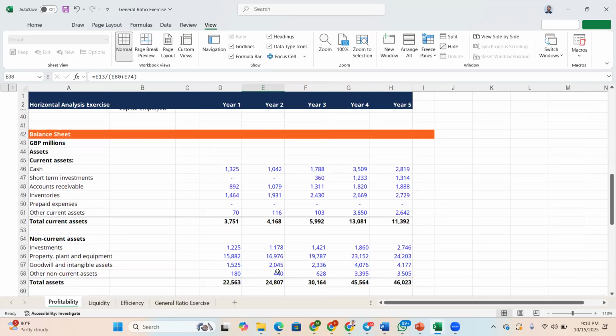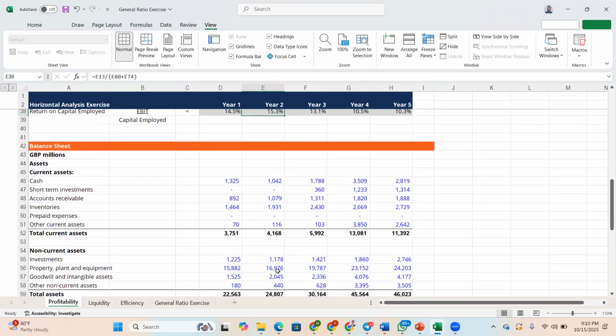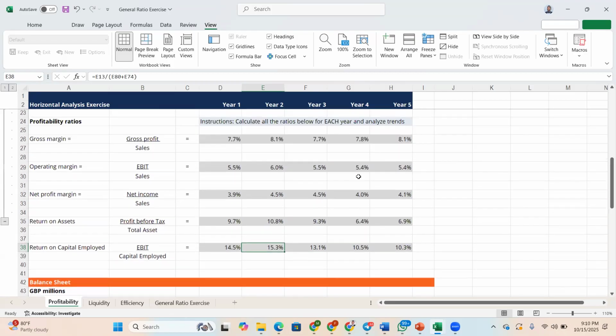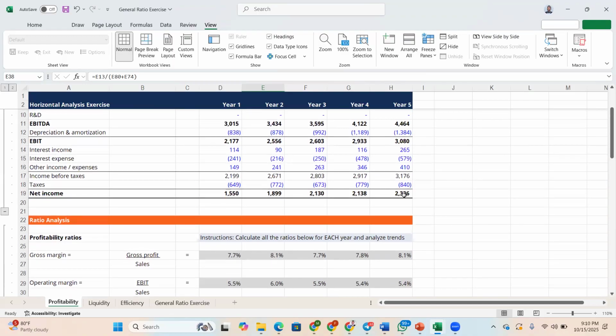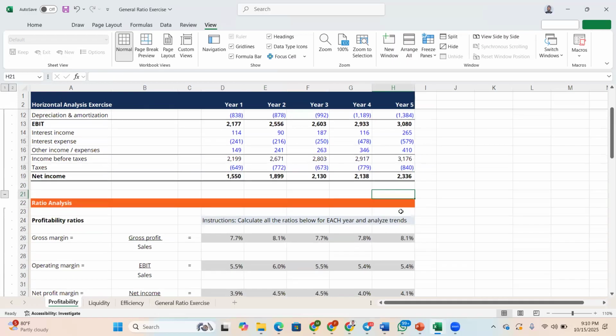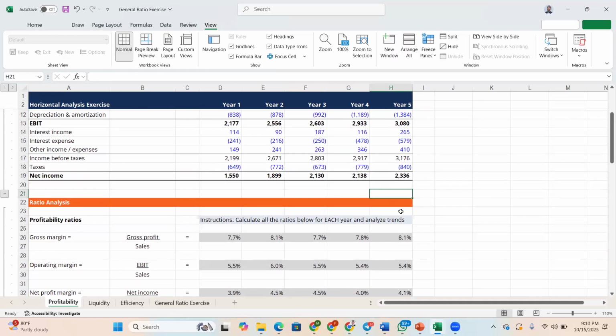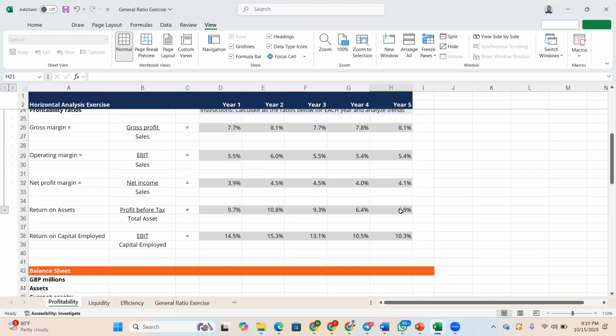So that's actually good. But if you say we have 11,392 assets, meanwhile we have 2003, we did better in year five. So if you're just looking at the financial statement, it might be misleading and you might have a wrong interpretation. And that's why it's good you calculate the ratio. So the company performed best in year two based on the profitability ratios that we have solved.